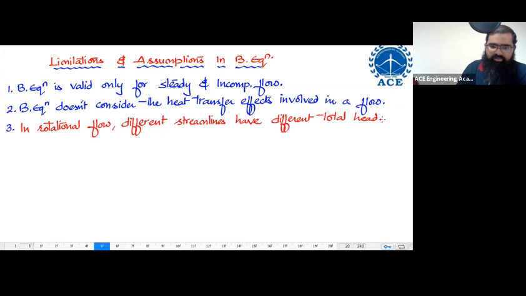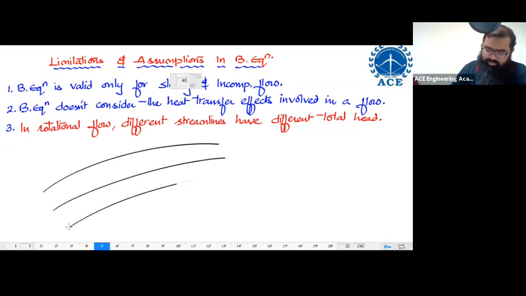Now, what is the meaning of this? In this particular slide, we'll refer to this concept. Okay, please don't ask questions now itself. You listen. I know what difficulty you'll be having in understanding, but you have to be patient. You listen to everything. Why this happens, all those things, you'll be having some doubts. Now only you don't start typing in. Okay, you wait. Imagine you are having a set of streamlines.